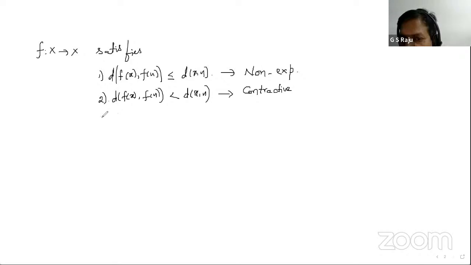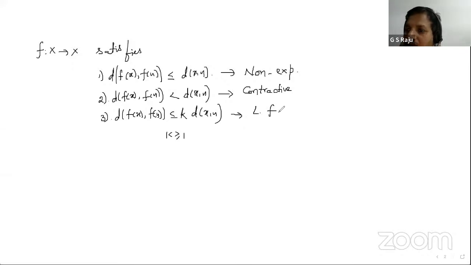The third map we consider in this talk is Lipschitz maps, defined as the distance between images is less than or equal to k times the distance between pre-images for some k greater than or equal to 1. Such maps we call Lipschitz mappings. So in our talk, we will mostly concentrate on these three types of mappings, and the existence of fixed points for them.